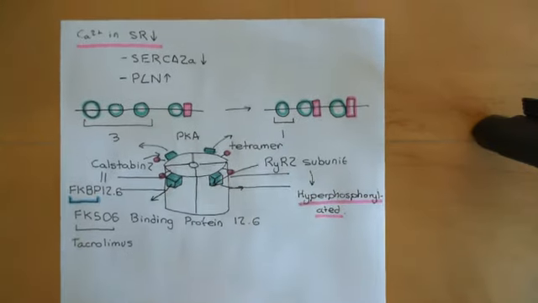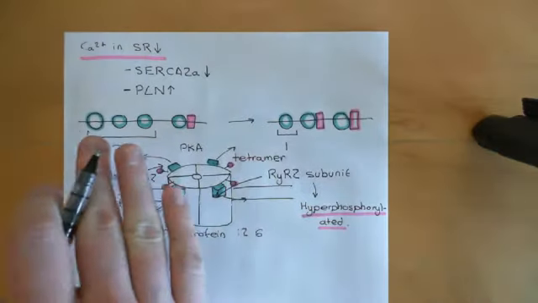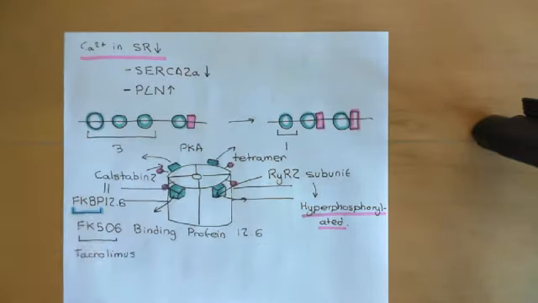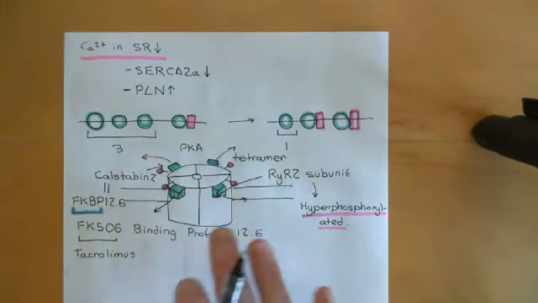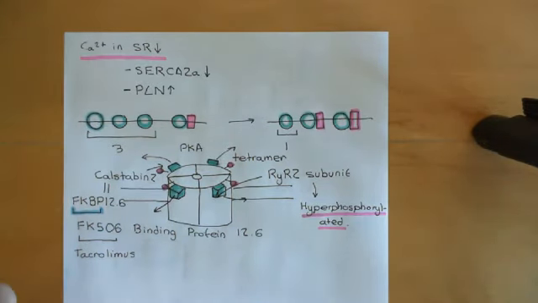So both of these mechanisms, the reduction in functional SERCA 2 by the absolute reduction in SERCA 2 and the rise in phospholamban, and also the increased leakiness of the type 2 ryanodine receptors, contribute to the calcium level in the sarcoplasmic reticulum being hugely depleted at equilibrium. That means the calcium spikes that these cardiomyocytes produce are hugely reduced, and they gradually lose their ability to contract, becoming weaker and weaker and weaker. You have to remember that this is happening to all the cardiomyocytes in the left and right ventricle.